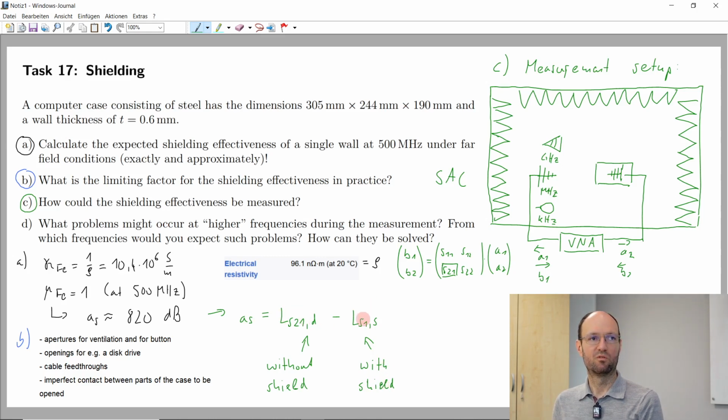This is one way you could do it. We assume that the reflection at the antennas is the same for both cases, so we would just measure this S21 and then take the difference between the two.